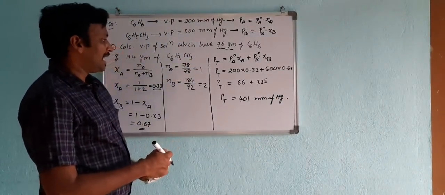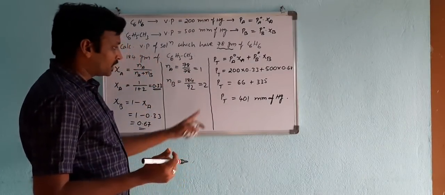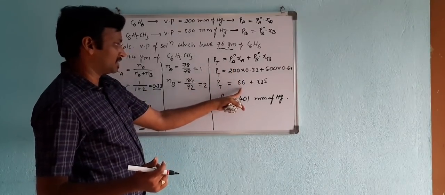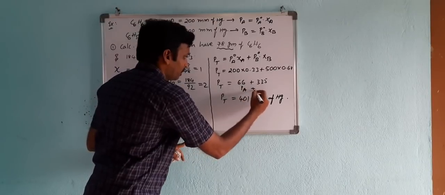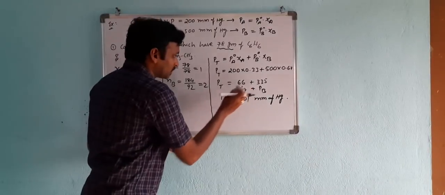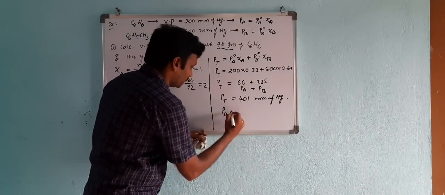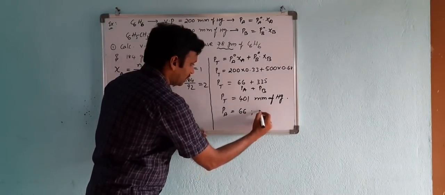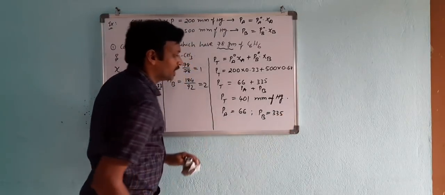So what is PA that I have? PA is 66 now, because P total is equal to PA plus PB. The PA value I know, the P total value I know. So PA is equal to 66 and PB is equal to 335.